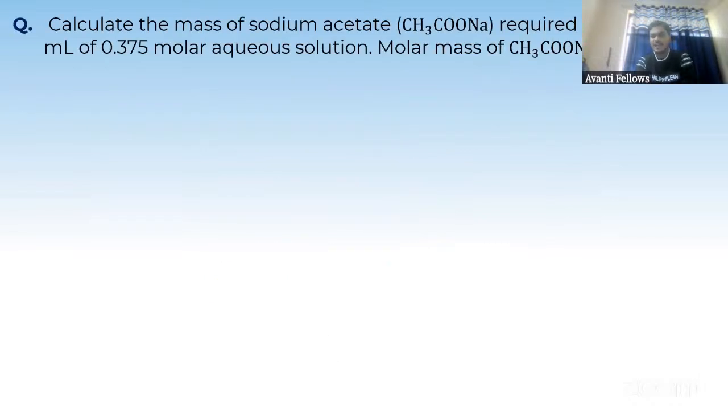Now everyone, आप लोग इस question को एक बार find out करो. Calculate the mass of the sodium acetate required to make 500 ml of 0.375 molar aqueous solution. Molar mass is given and this is the molarity. ठीक है, ये molarity given है and you need to calculate the mass of the solute, right?